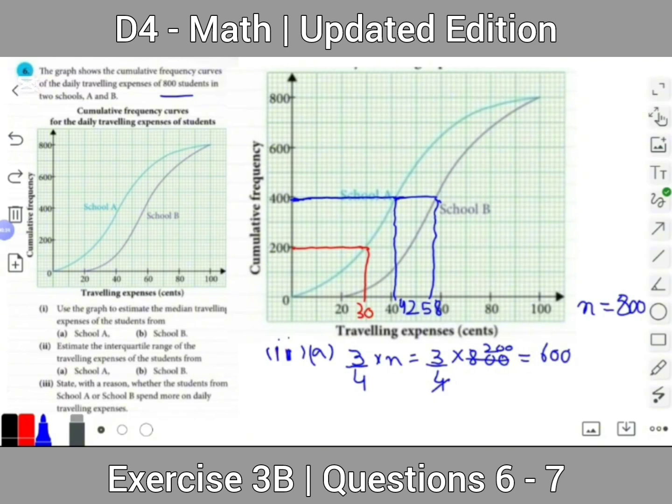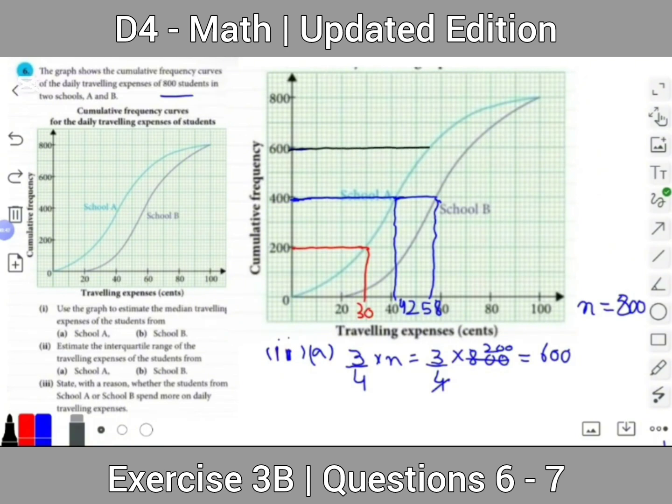So now we will look at data values corresponding to the cumulative frequency of 600. So from 600 we will draw a horizontal line until it touches the curve representing school A.